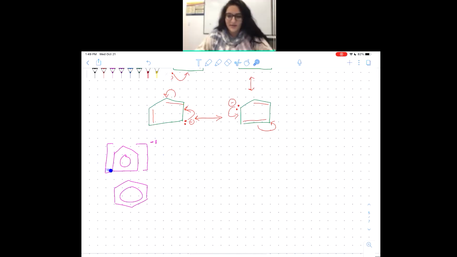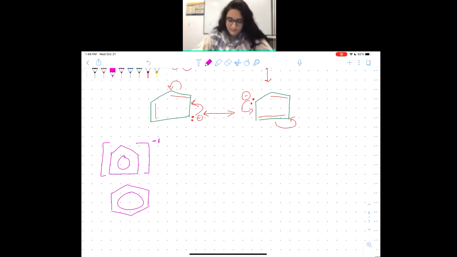So when it looks like this, it means it's completely delocalized, but there is a -1 charge. A -1 charge would just mean that you have a lone pair of electrons.